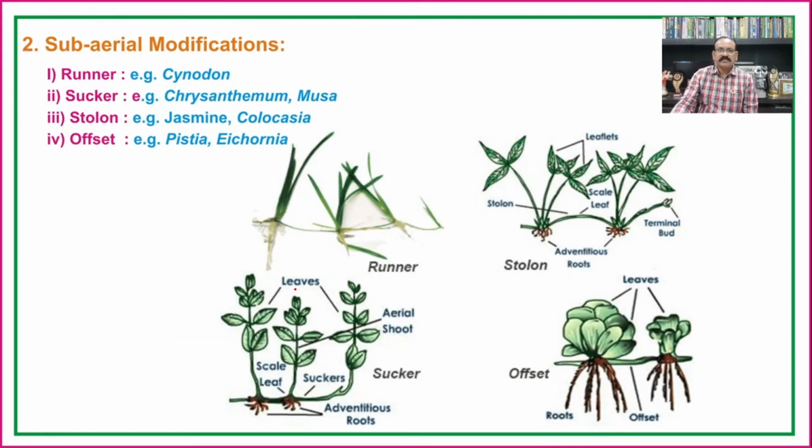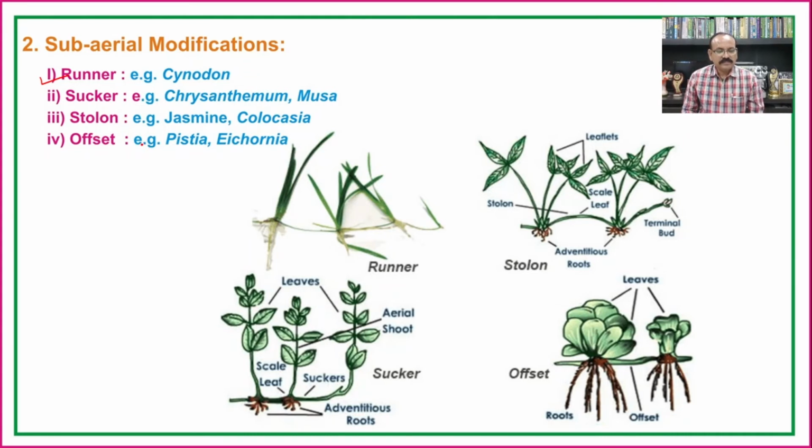The second type is subaerial modifications of the stem, and this includes runner, sucker, stolon, and offset. The runner's best example is Cynodon.